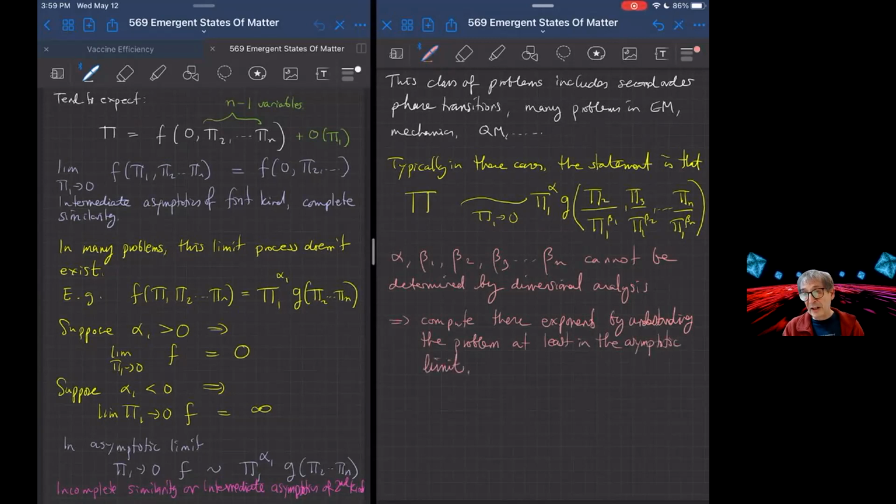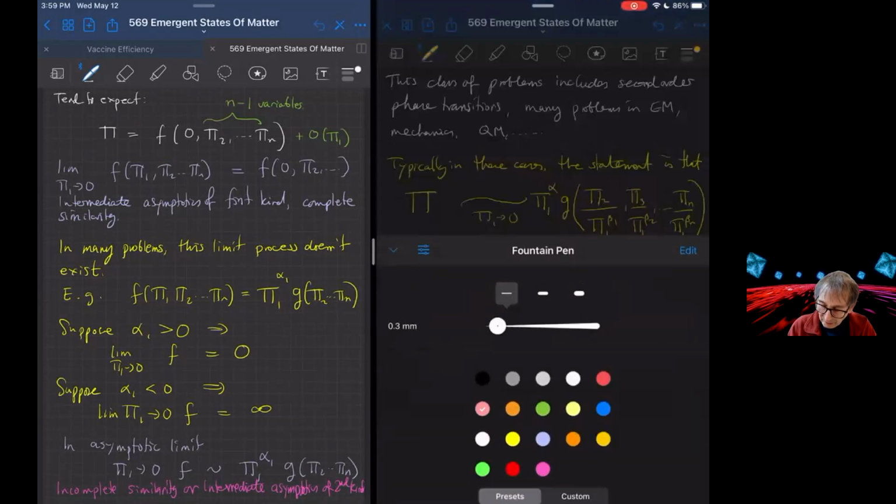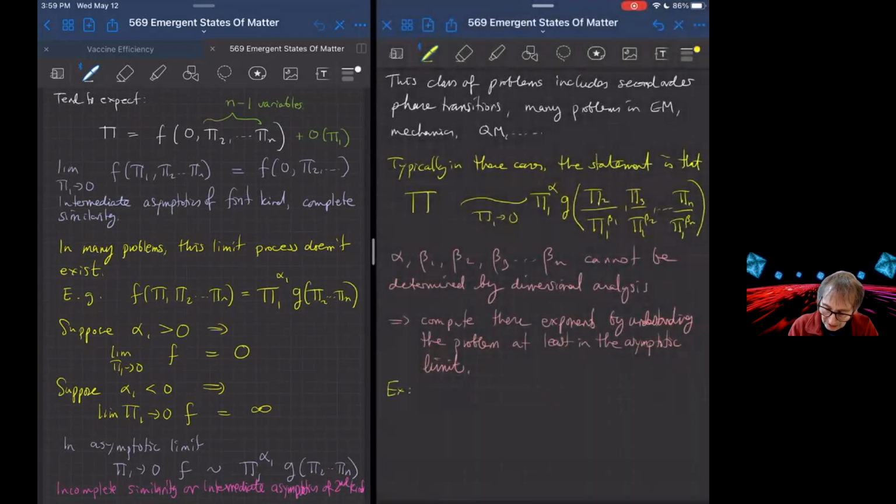Now, in the problem of second order phase transitions, the analog to the equation in the middle of the page here is the scaling laws for, say, the free energy or the magnetization. So let me just give you an example in thermodynamics or statistical mechanics, let's say. What you might have is the magnetization of a magnet is a function of the temperature and the external field, and that may have the following functional form.